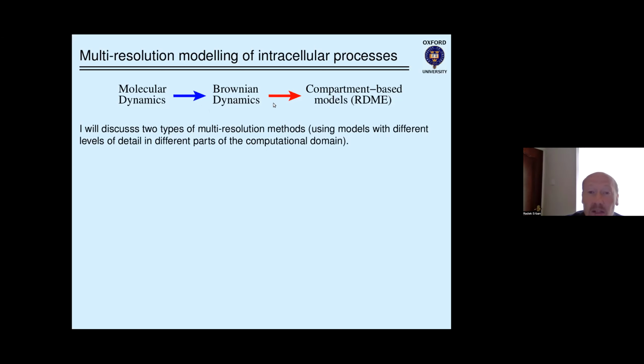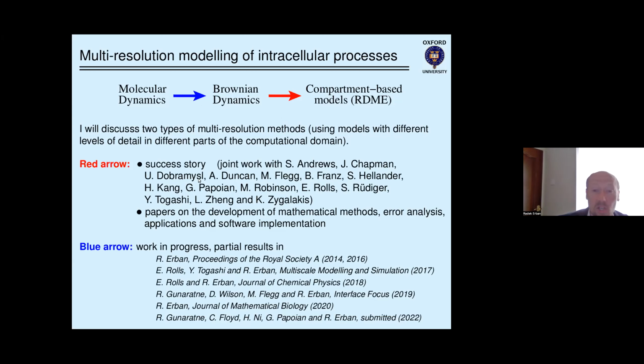I'll start with this red arrow, which is our success story, a joint work with many people. I could call it a success story because in this area we have papers not only on the development of mathematical methods and their analysis, so we know how accurate these methods are, but also on applications, and these methods were also implemented in some of the computational biology software which I showed in the previous tutorial.